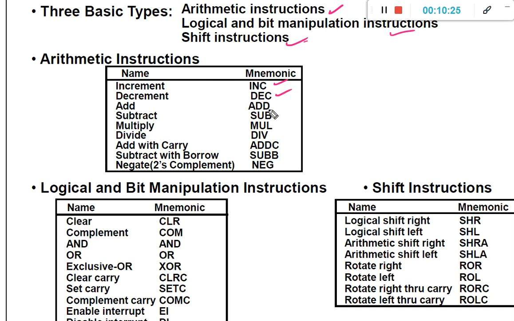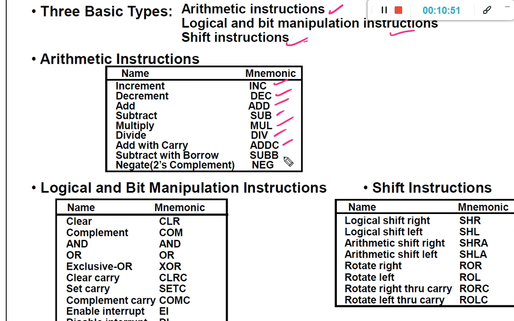Add is going to perform the addition operation between two numbers. Subtract is going to perform the subtraction of two numbers. Multiplication, MUL, is going to perform the multiplication between two numbers. DIV is going to perform the division between two numbers. Add with carry is going to determine the carry also after the addition is performed.